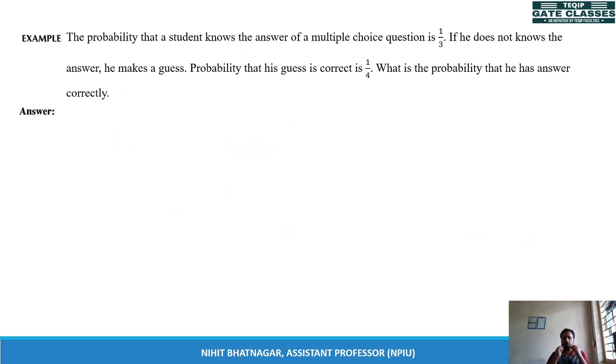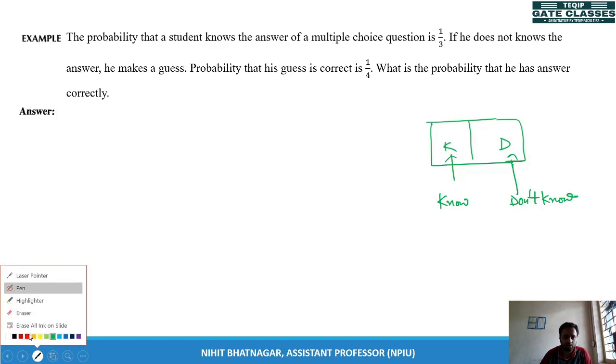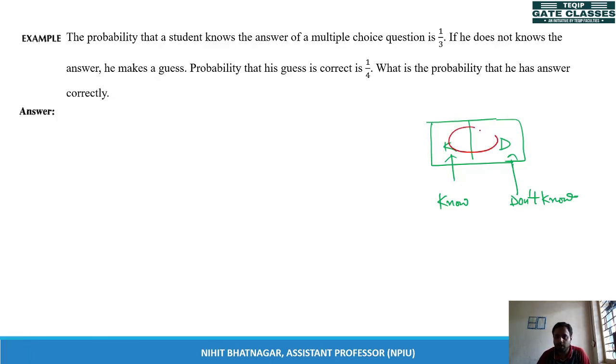Now another example. The probability that a student knows the answer of a multiple choice question is 1 by 3. It means there are two events: knows and doesn't know.